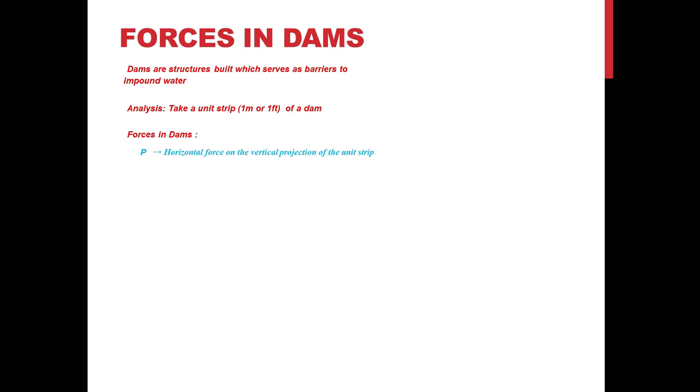So the application of hydrostatic force on plane surfaces will be applied here. And then W denotes all weights that are transmitted to the base. Next we have U, uplift force. These are upward water pressure due to permeability in the supporting soil, meaning the tendency to seep and escape under the base.